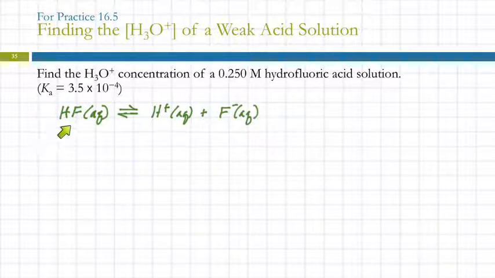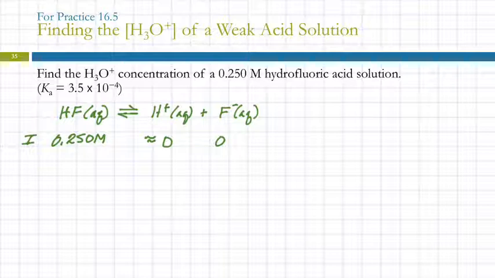This is our HA, there's our H, and there's our A. So initial concentrations: for the hydrofluoric acid, it's going to be 0.250 molar. For the hydrogen ion, we're going to say it's approximately 0, because 10 to the minus 7 is very small compared to 0.25. And the concentration of fluoride is 0 to start with.